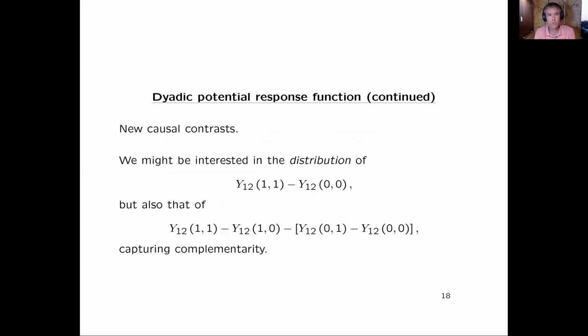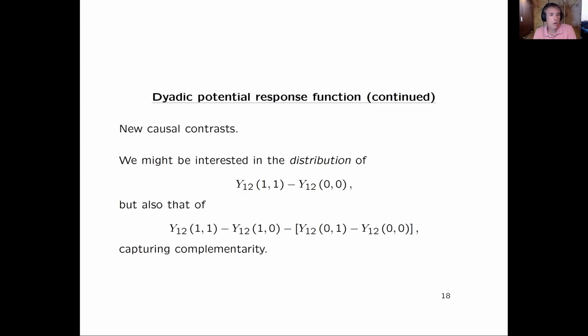The setup also immediately generates some new causal contrasts, which might be fun to look at. So we might be interested in the distribution, particularly the average, say, of what exports are when both countries belong to the WTO versus when they both don't. So we might be interested in the distribution of this difference, particularly its average.